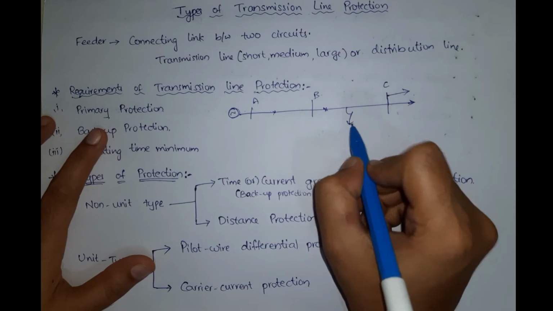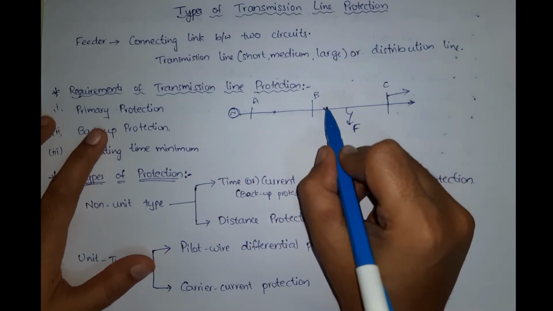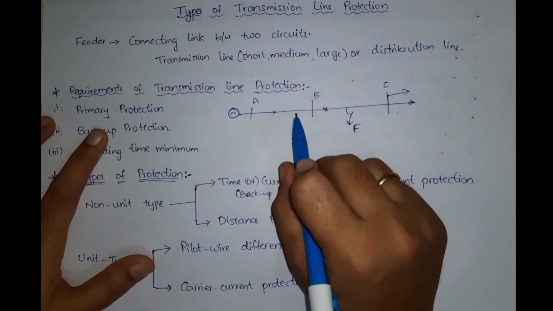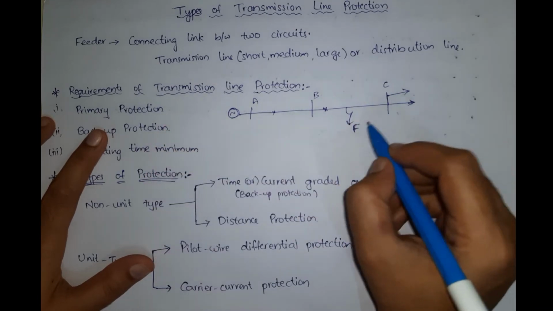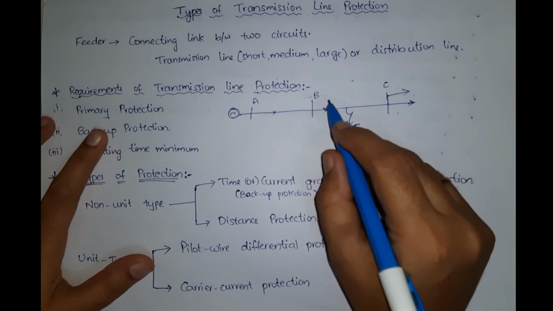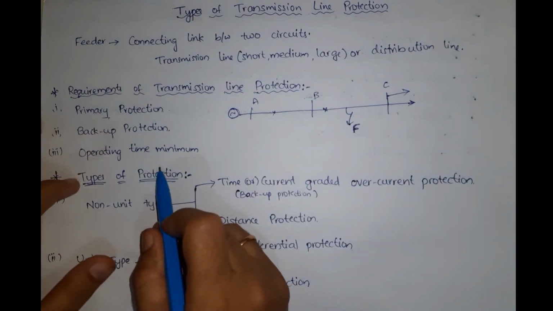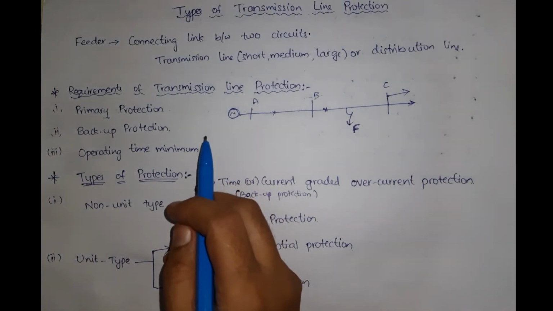The circuit breaker which is nearest to the fault must open first. In this case, B is the circuit breaker which must open first. So that is essential. If this circuit breaker which is nearest to the fault fails, then we need a backup protection, which activates in case of failure of the primary protection.